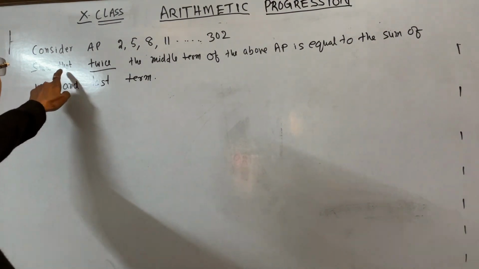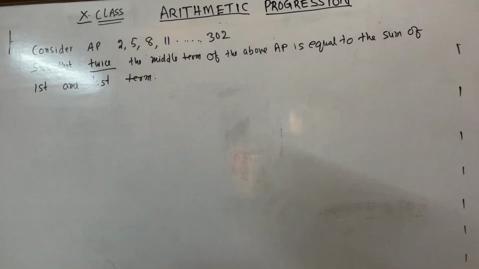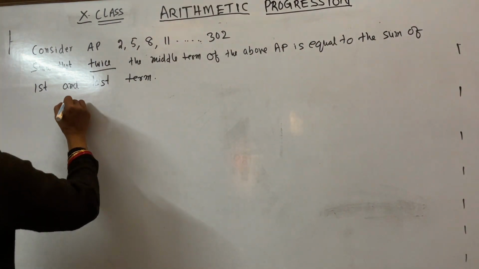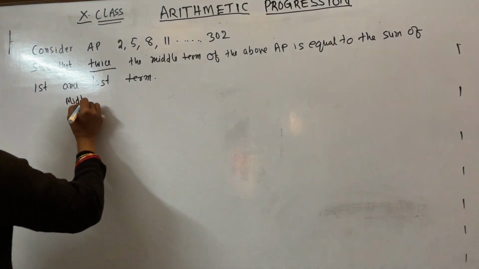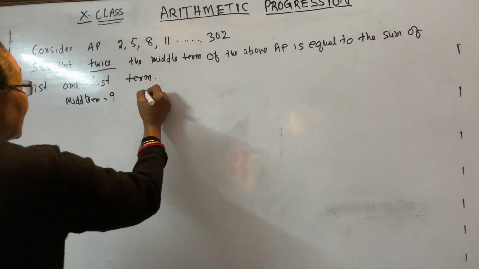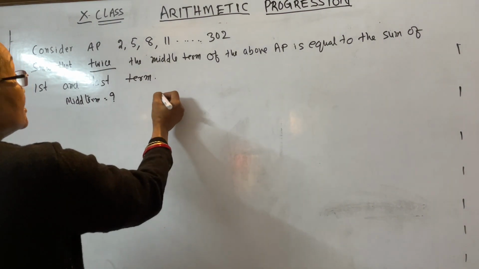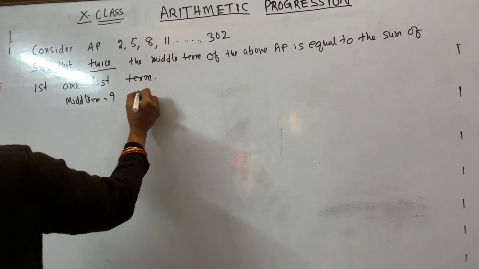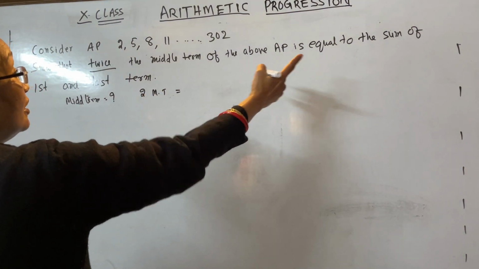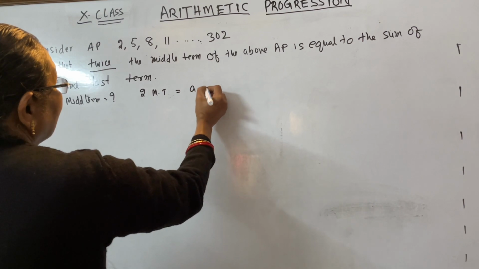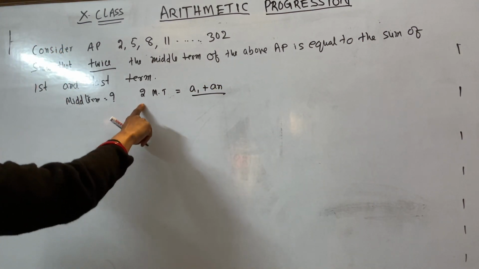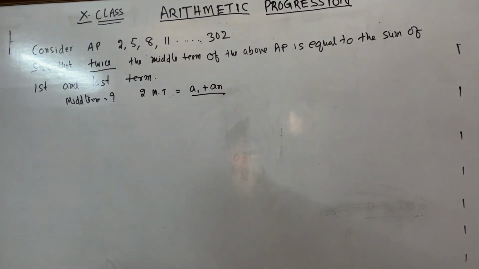First we have to find the middle term. Then twice the middle term will be equal to the sum of the first term A1 plus the last term AN. This and this should be equal. That we have to prove.